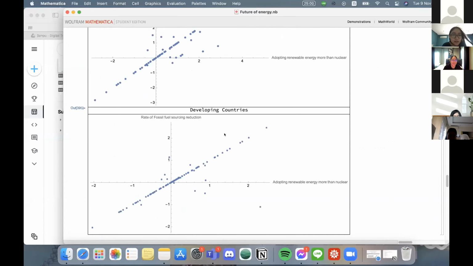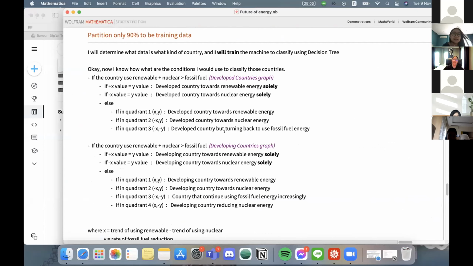These are the categories I defined. If a country uses renewable energy and nuclear energy more than fossil fuel, I define it as a developed country. Developed countries can be classified into subcategories: developed toward renewable energy solely, developed toward nuclear energy solely, and other developed countries.